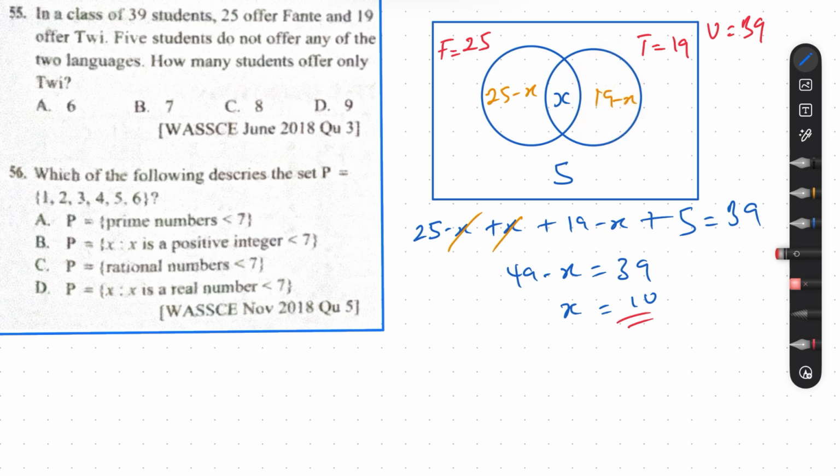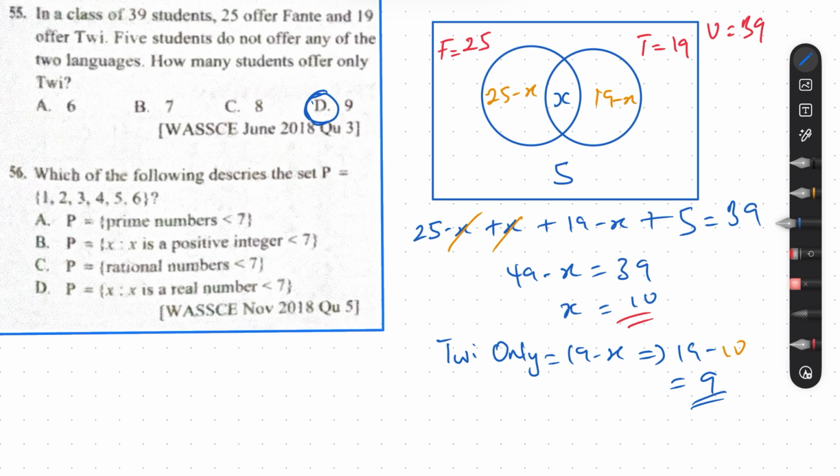So Chi only is equal to 19 minus x, and we know that x is 10. Okay, so our answer is 9. So do you have 9 there? We have 9 here. It's right here, D. Cool.